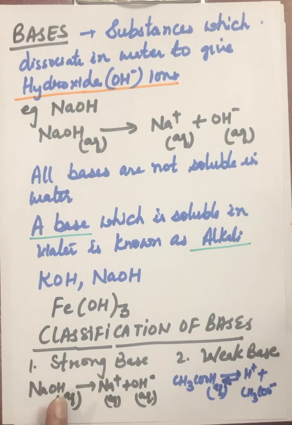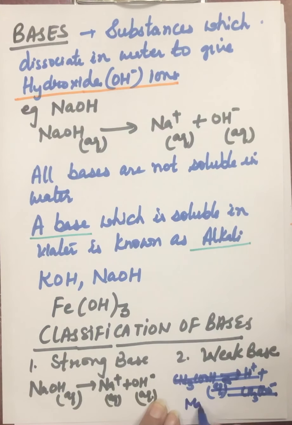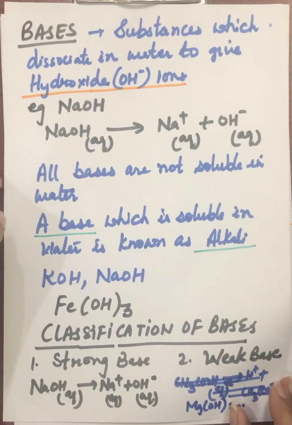So strong bases are ones which are dissociating completely to give hydroxyl ions in aqueous medium, while weak bases dissociate partially to give less concentration of hydroxyl ions. I have taken the example of acid here, sorry, this has to be a base. Example is magnesium hydroxide or calcium hydroxide.